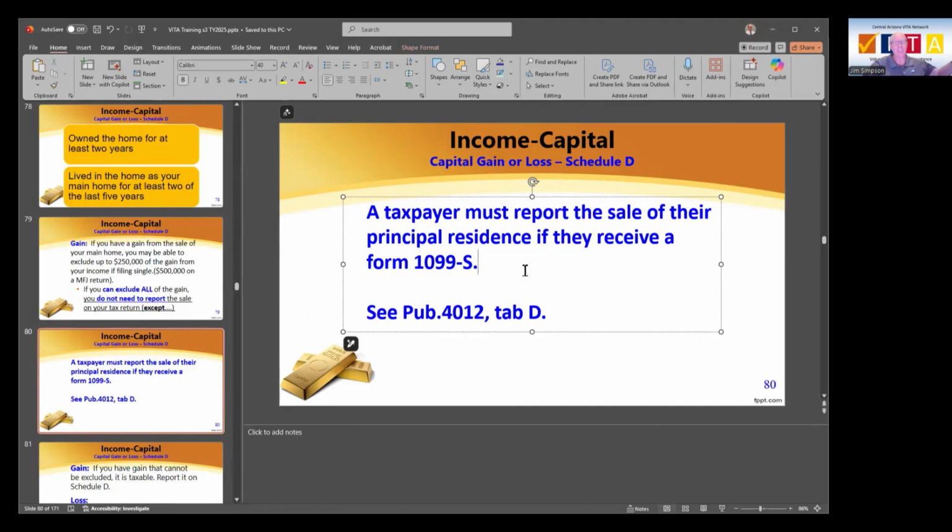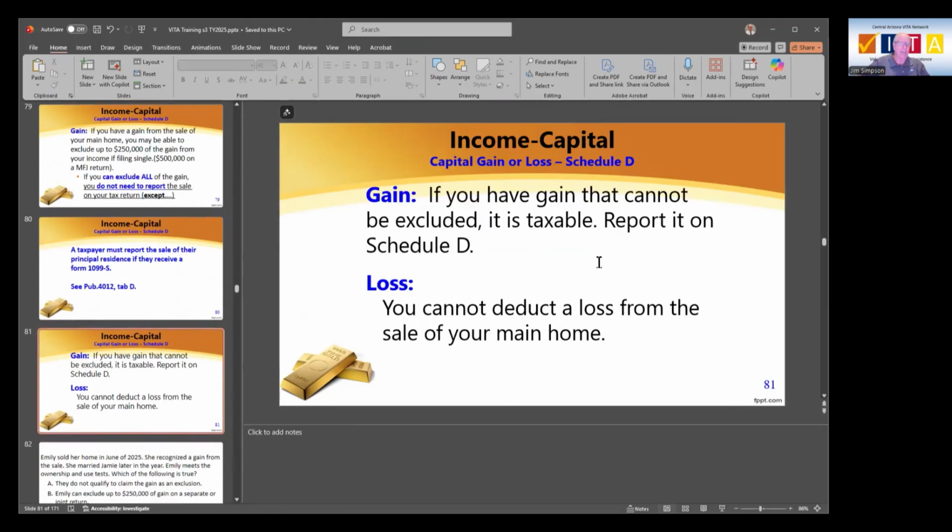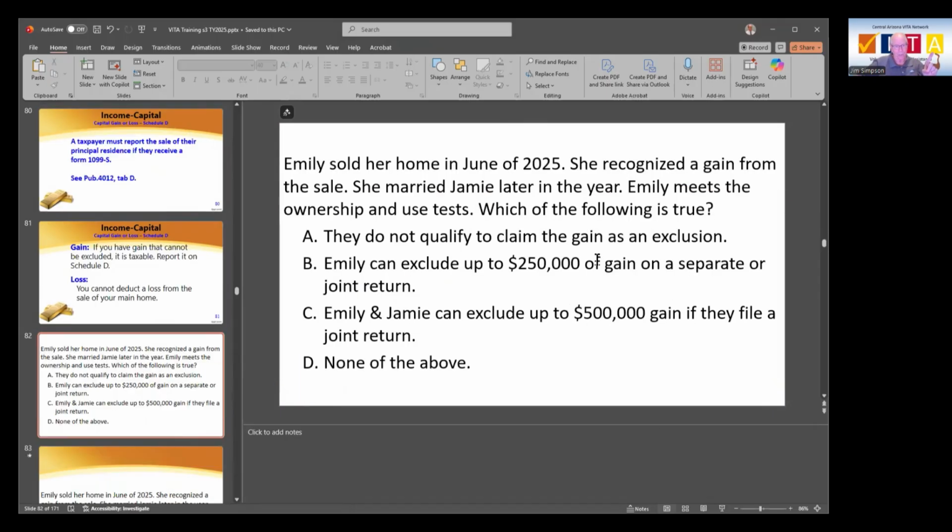If the sale of the house was less than $250,000, or $500,000 if you're married, don't bother. Even if your basis was zero, you don't have a gain. But if you bought the house for $300,000, sold it for $500,000, and you get a 1099, you might as well go ahead and report it, even though you're not going to pay any taxes on it. You report it on Schedule D, and remember, you can't deduct a loss, so don't try.